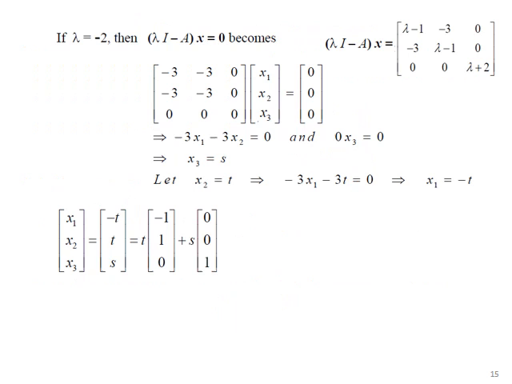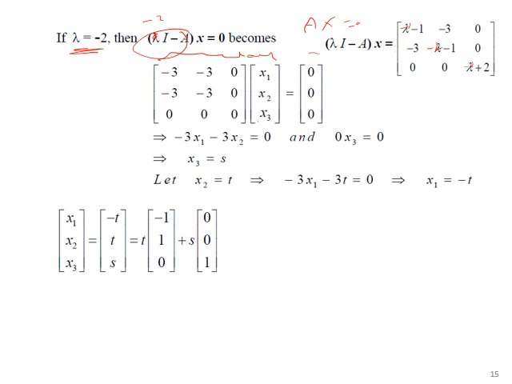Let me start first with lambda equal minus 2. Now I will substitute here by minus 2. This lambda will be minus 2, as you can see here. So substitute here minus 2, minus 2, minus 2. We got this matrix. Multiply by x equals 0, because we say Ax equals 0, or let me say here, lambda I minus A times x equals 0.